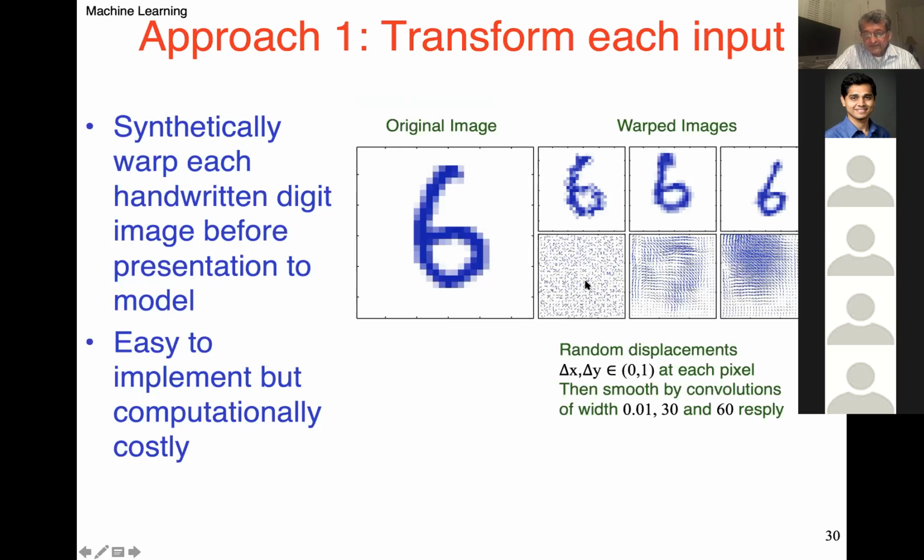So these are being added to create slight rotation, and then you create images like this. These are all warped images, random displacements performed on these to get new images.